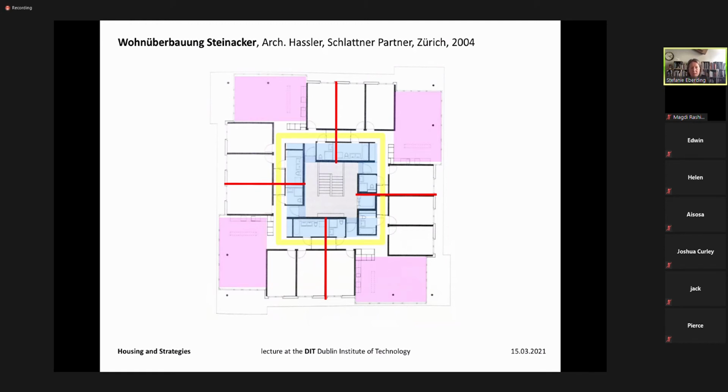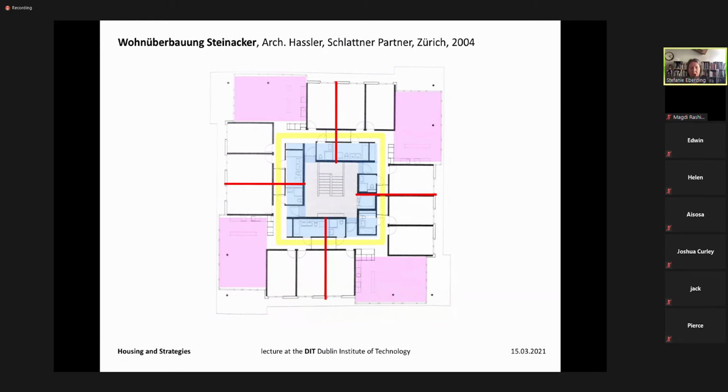Red are the separation of the four apartments on the floor. But what is outstanding, that with this kind of basic structure, you can generate different types of apartment sizes.